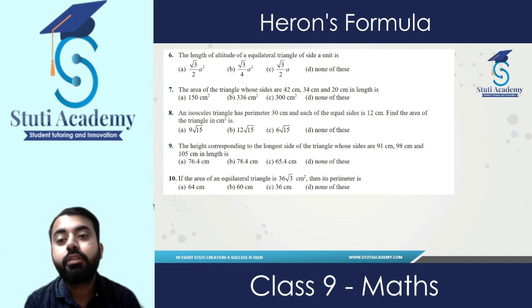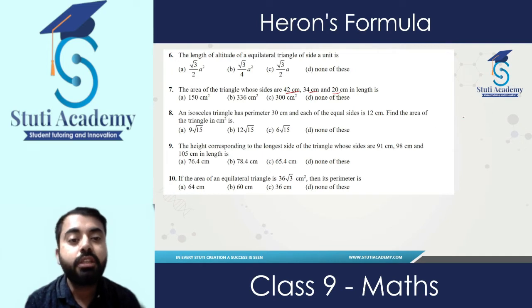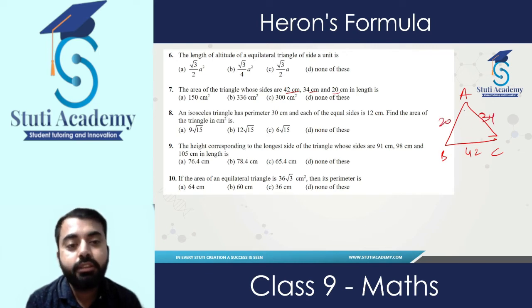The area of a triangle whose sides are this, this and this in length is. I have to find its area now. See, firstly, arrange a triangle here, A, B, C. Let's say 42 its base, 34 and 20 the other sides. Let's check if this gives you an equilateral or any right angle triangle here.